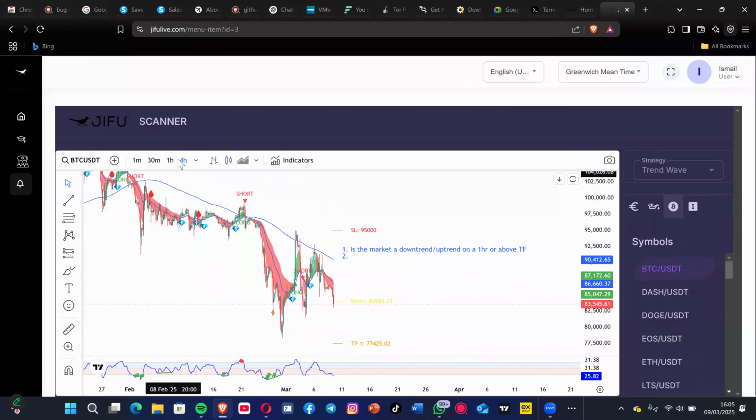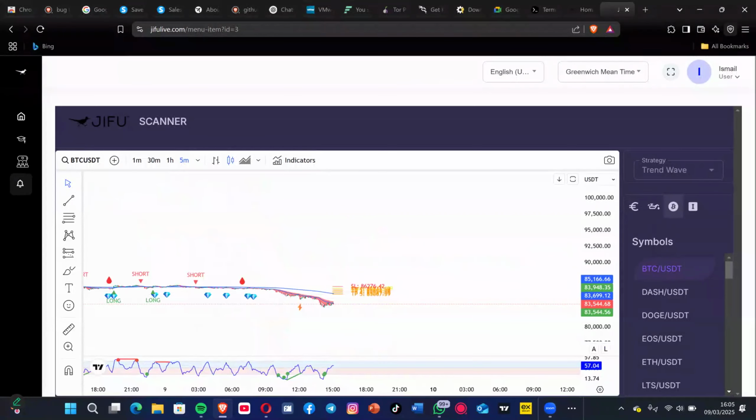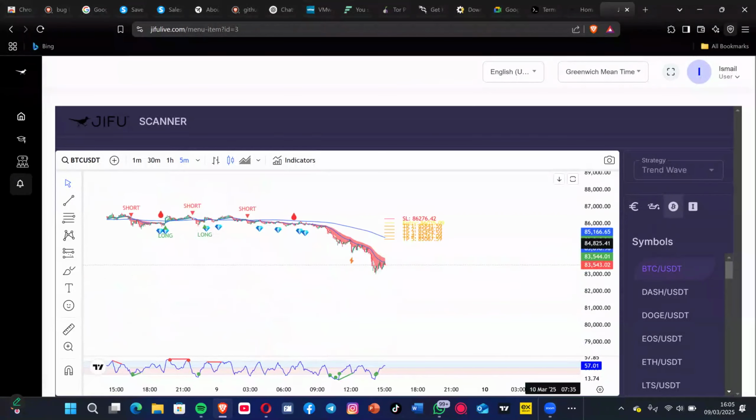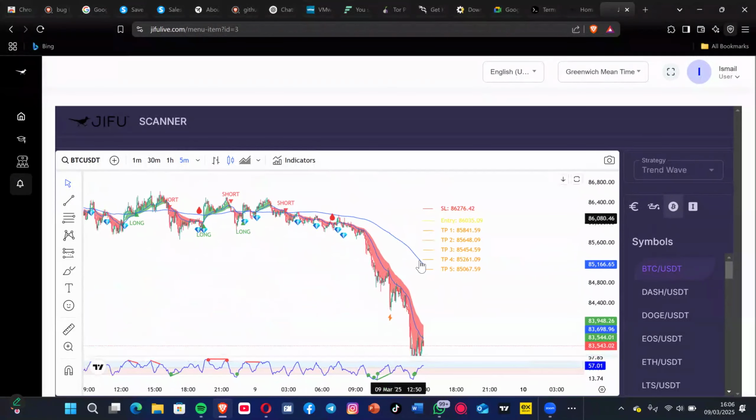Now, the second thing you ask yourself, now that you know the trend, you go back to the time, which is 5 minutes. Second thing you want to ask yourself is, look at this line, this EMA, not the one here. This is the 20. This is like the 50 EMA.